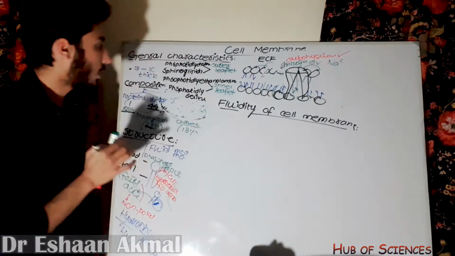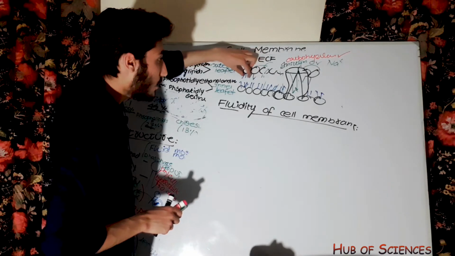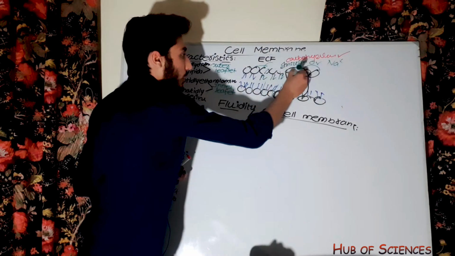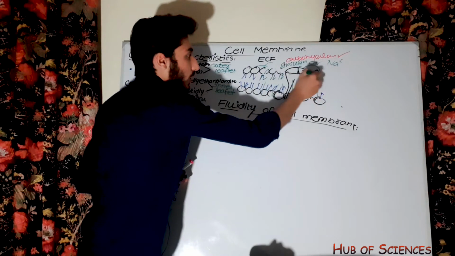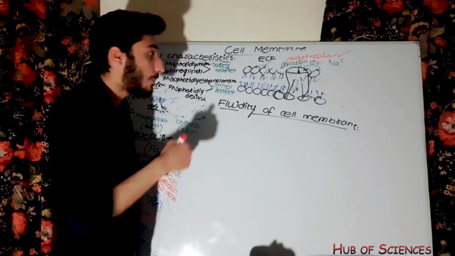Going into the fluidity of the cell membrane, you should know that between the tails of the cell membrane, which are made of fatty acids that are hydrophobic and non-polar, there will be some molecules of lipids.